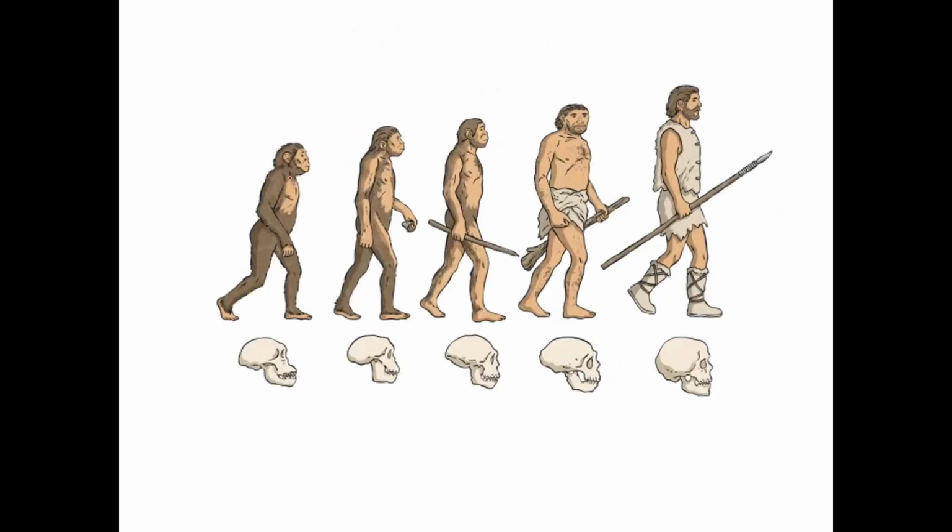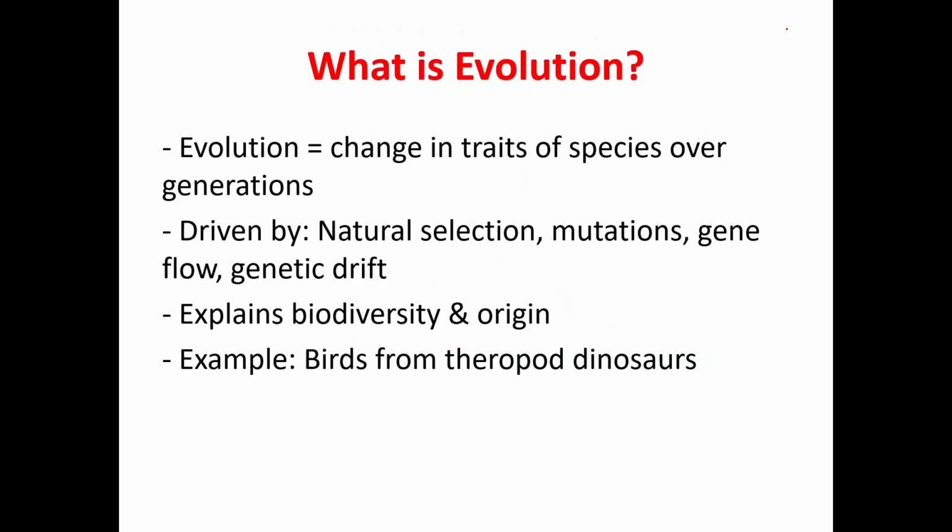Now you see in the picture, it's the evolution of Homo sapiens, how we evolved from our ancestors into proper humans. Evolution is a change in traits of a species over generations. The cause of evolution is natural selection. Natural selection means the best trait is selected by nature.